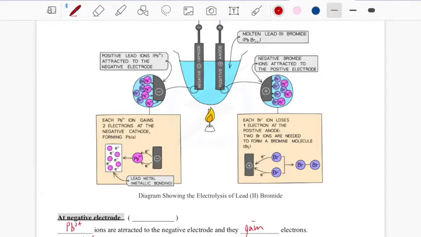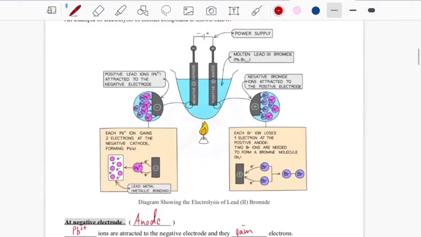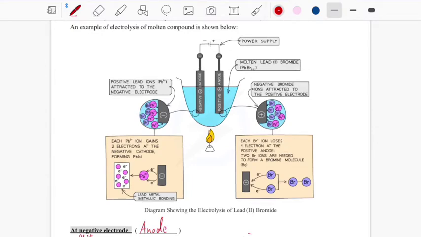The lead(II) ion becomes lead metal. And remember, to balance the charge, we need 2 electrons on the left-hand side. And finally, add the state symbol; in molten state, we write (l). So the lead(II) ion gains electrons and undergoes reduction, so we can also call it the cathode. So that's a very straightforward explanation for this simple electrolytic cell.